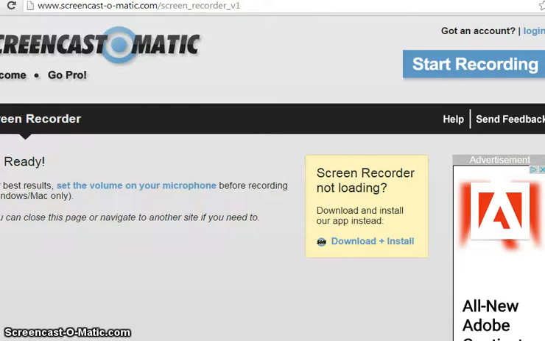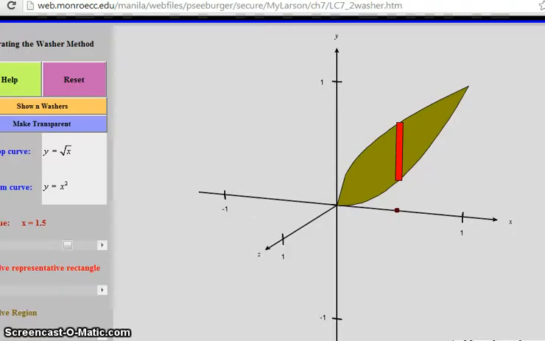So what this could look like would be this right here. If we have the curve y equals the square root of x and y equals x squared, you can see those in a three-dimensional plane. The area in between them is colored in with that yellow-brown color, and you see a random rectangle colored in red.